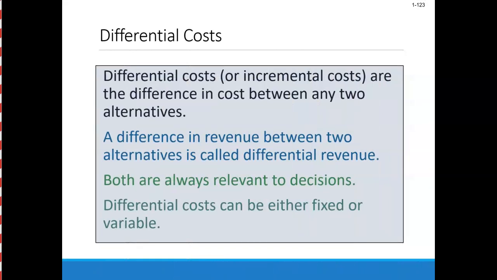So differential cost is the difference in cost between two alternatives. A difference in revenue between two alternatives would be called differential revenue. Both are relevant to making the decisions. And differential costs can be either fixed or variable.